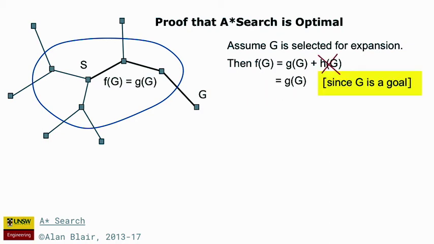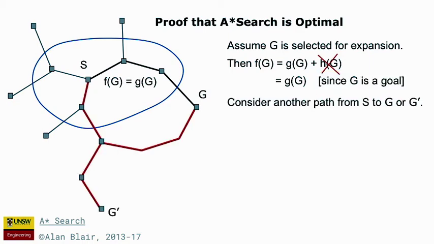Since G is a goal node and h is an underestimate of the distance from G to the goal, that means h of G must be 0. Now let's consider any other path from S to a goal. It could be the same goal G, or it could be a different goal G prime.